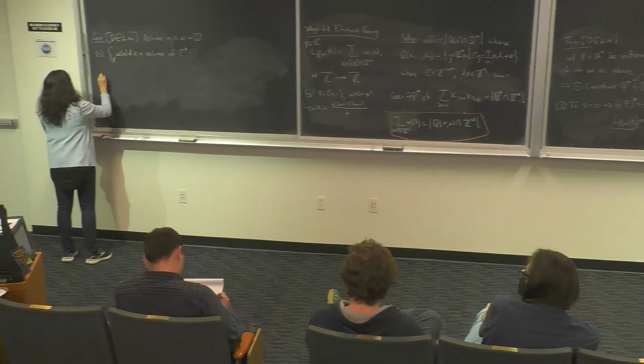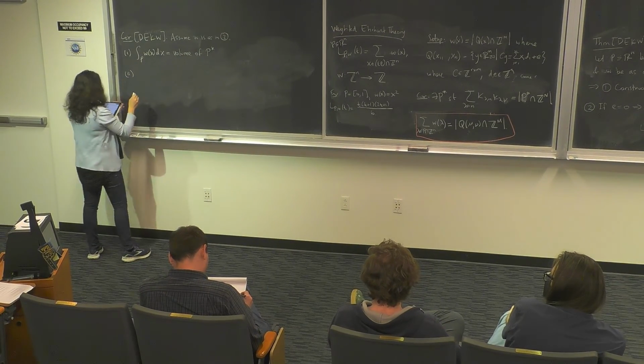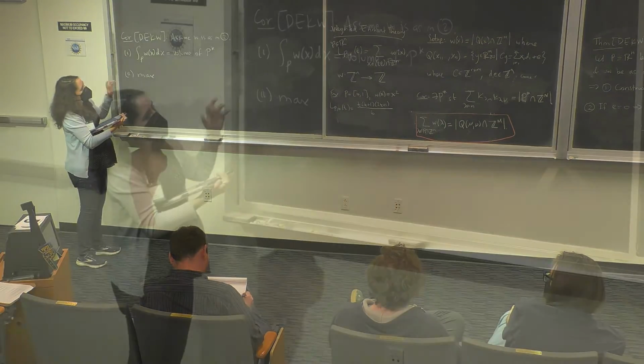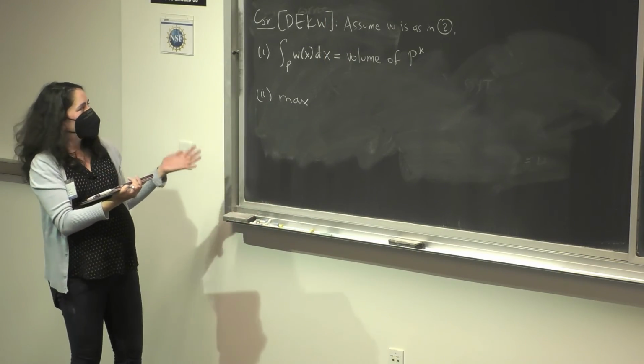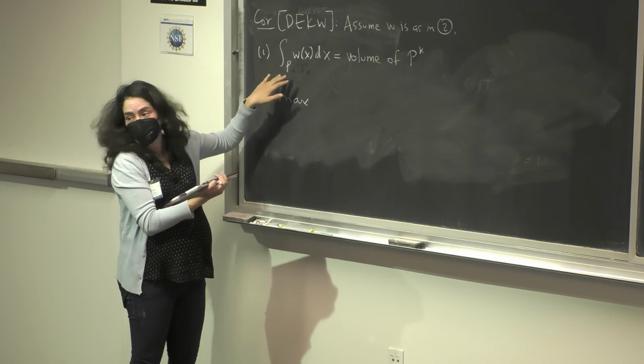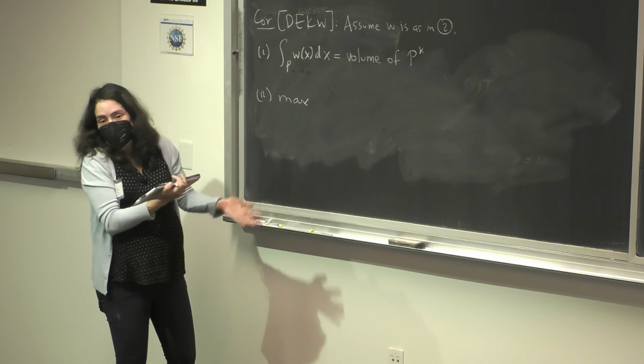The second thing is that once you have the integral, you can study things like the average. What is the average of these weights over your polytope? What is the maximum? What is the minimum?